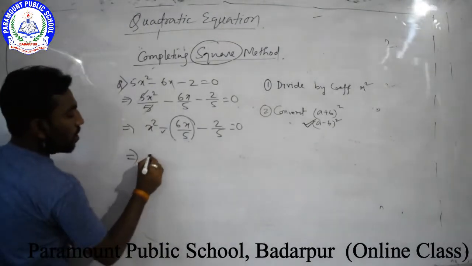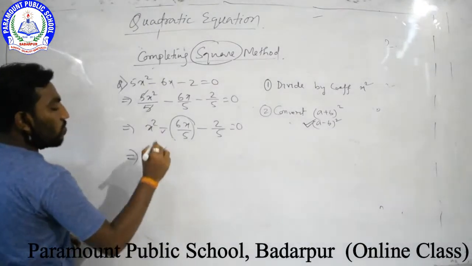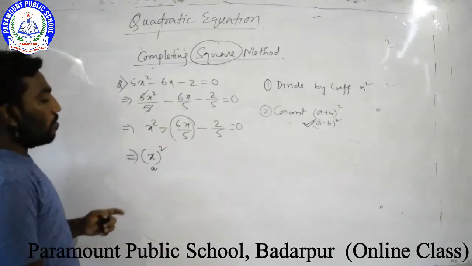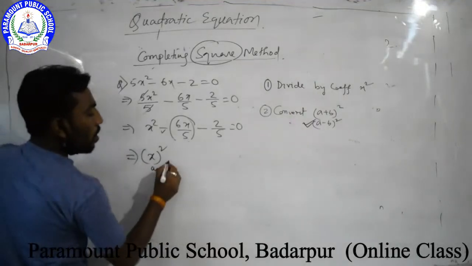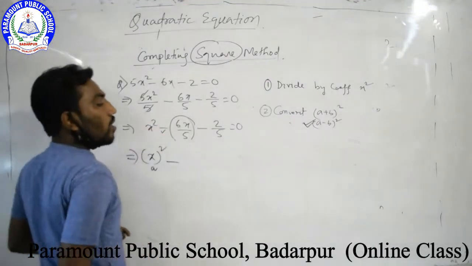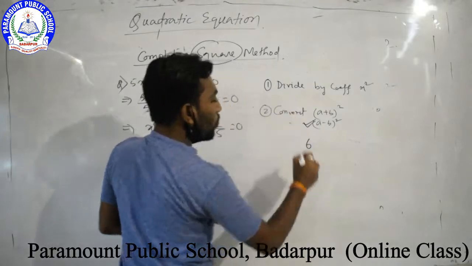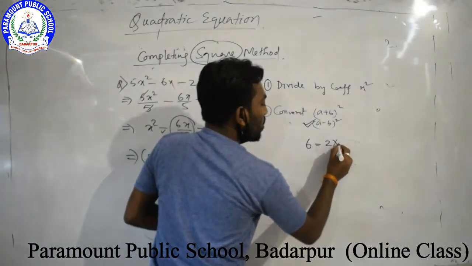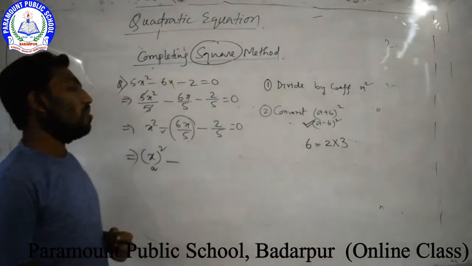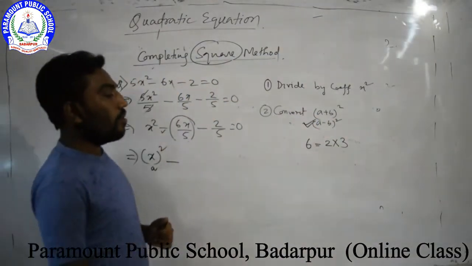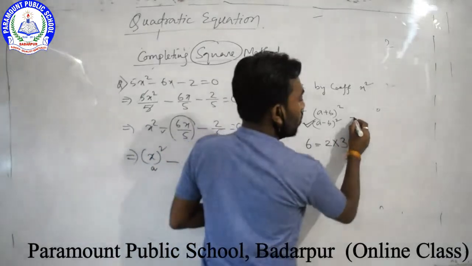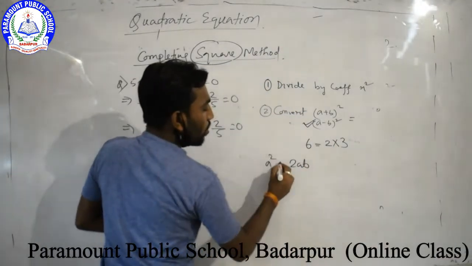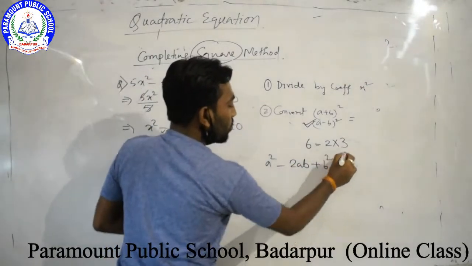So from here we can write x whole thing square. So we can see directly this is the value of a, nothing but a. Now see a student, what is the number present in the numerator? 6. We can factor this number and we can write it as 2 and 2, 3. But in the previous case, I have shown you that our formula is nothing but a square minus 2ab plus b square.